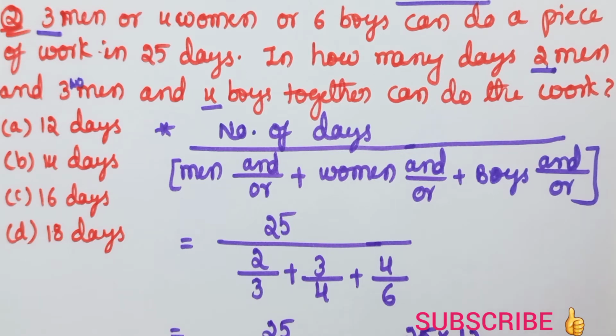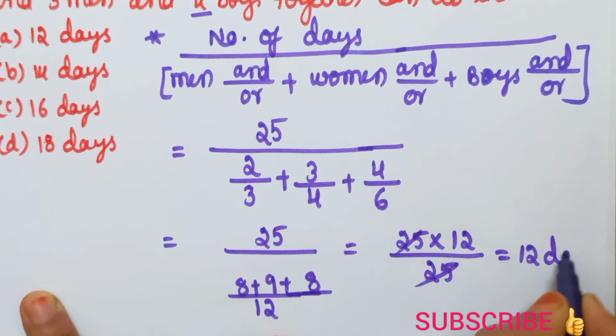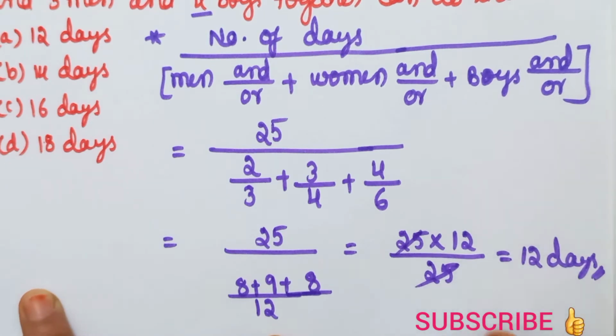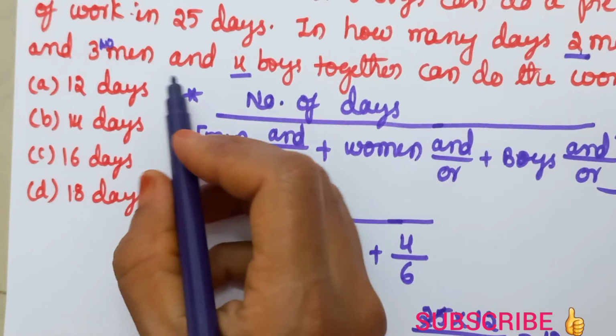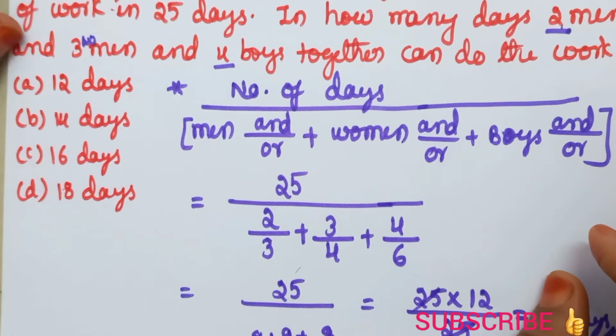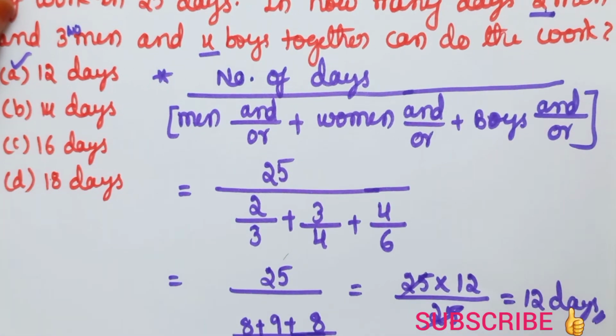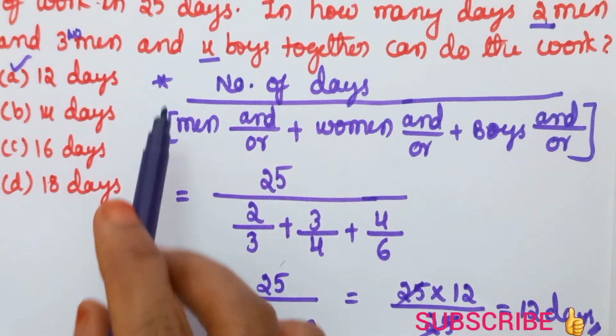So if we cancel 25, we will get 12 days. So in 12 days, 2 men and 3 women and 4 boys together can complete the same kind of work. So the option is A, that is 12 days. So better to remember this shortcut.